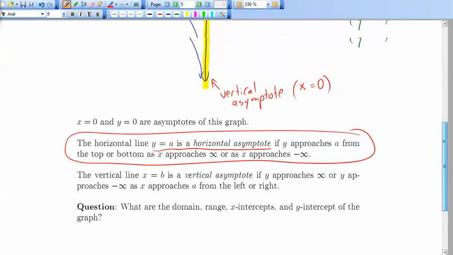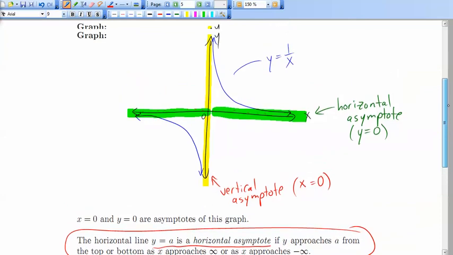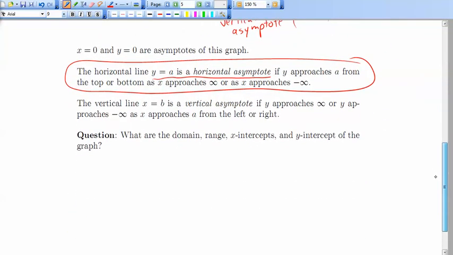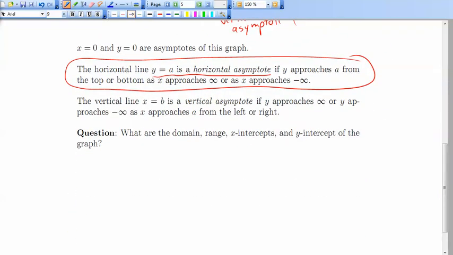Now if we look back at our graph, we already discussed just briefly the domain. We see that you can have any x value except 0, and also we notice that our graph never touches the x-axis. You can have any y value except 0 as well. So we can record all that information very easily just by knowing our graph prototype.